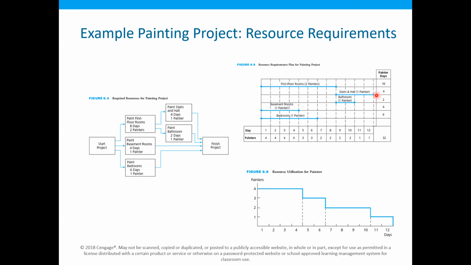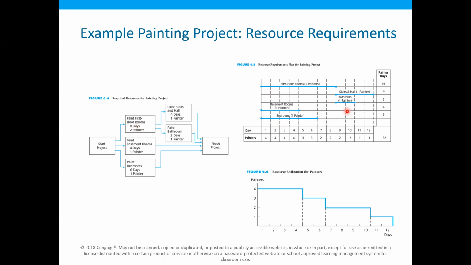Incidentally, this is the longest path in the network. The second path is 8 plus 2, that is 10. So 8 here and then 2, which is the bathroom, that is 10. So the critical path is the painting in the first floor and the painting in the stair and hall.